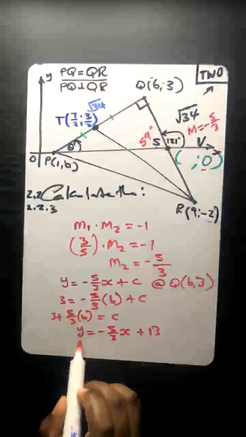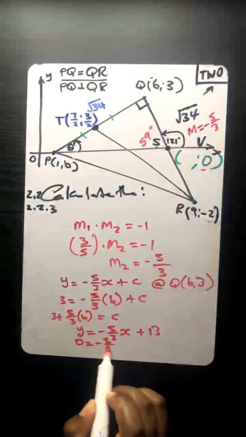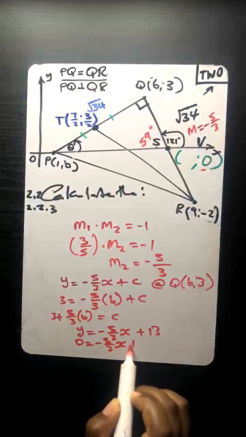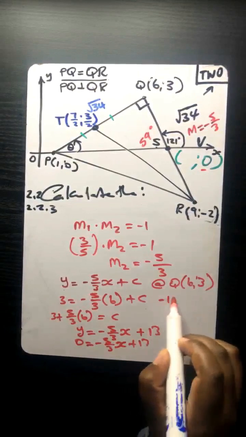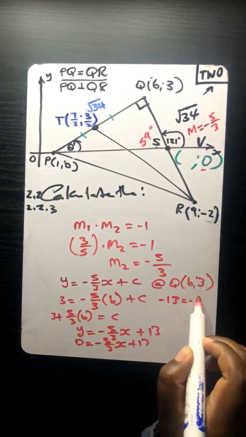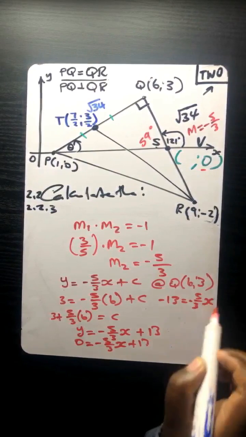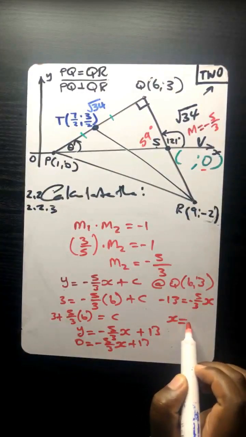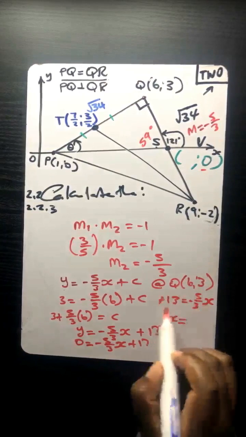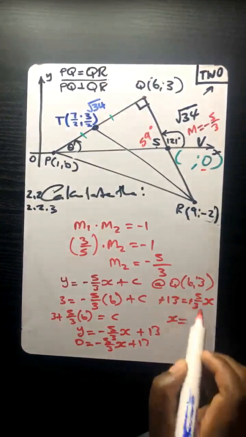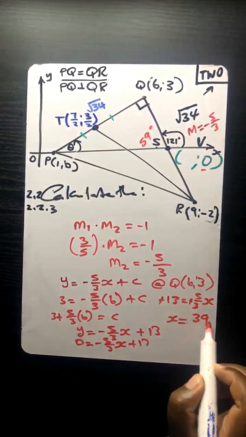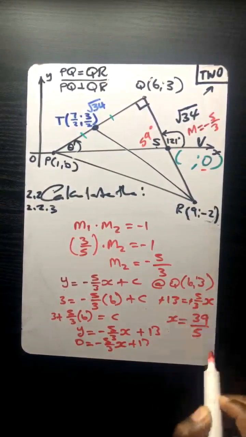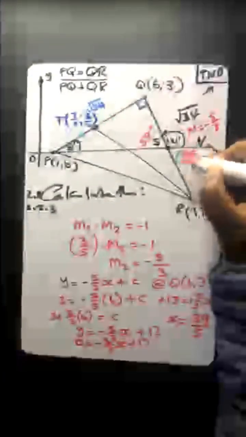If we say 0 equals -5 over 3 x plus 13, you take 13 to the other side, so you have -13 equals -5 over 3 x. Then x is going to be 13 divided by -5 over 3. Obviously, that cancels. So what is 13 times 3? I think that is 39, divided by 5. Yes, you might find that your x is actually 39 divided by 5.